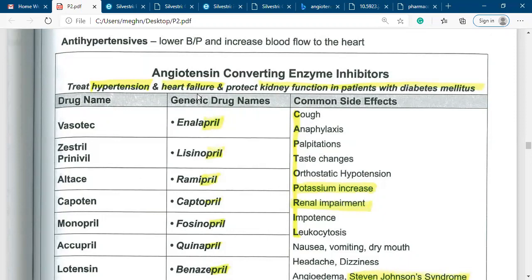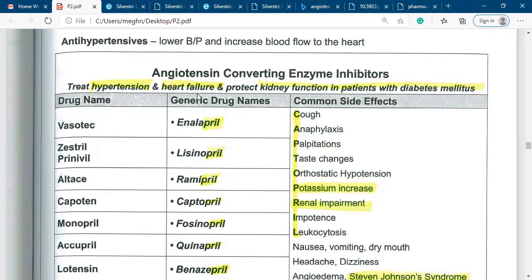Both classes are associated with injury or death of the fetus. So if any mother is pregnant, the angiotensin inhibitor or angiotensin receptor blocker is contraindicated in pregnancy.